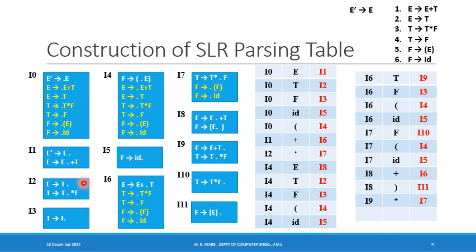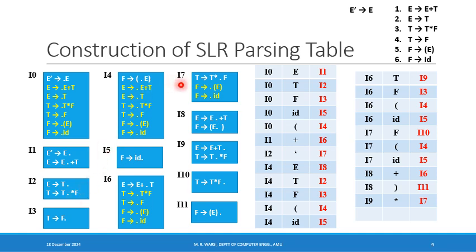So the first LR0 item will not give rise to any transition from I2 state. In the second LR0 item, after the dot I have the symbol star. So from I2 state on star there will be a transition. And from I2 state on star I am going to I7 state.